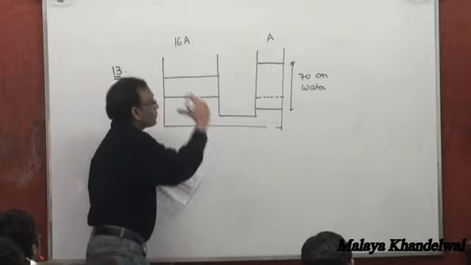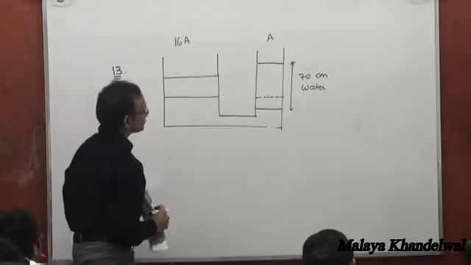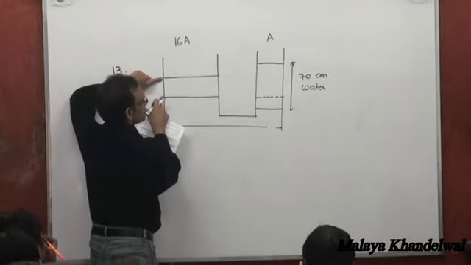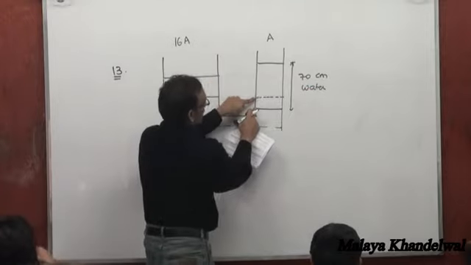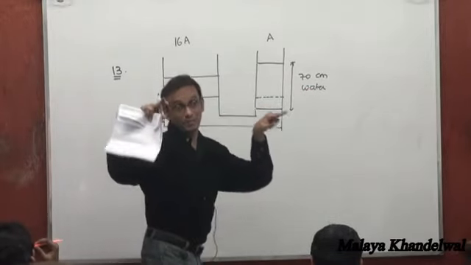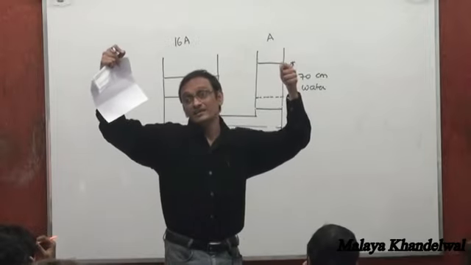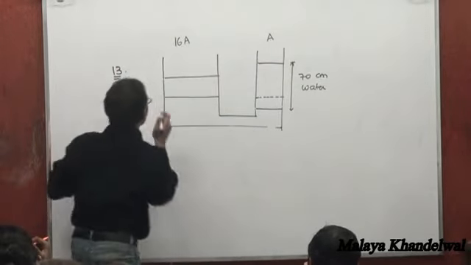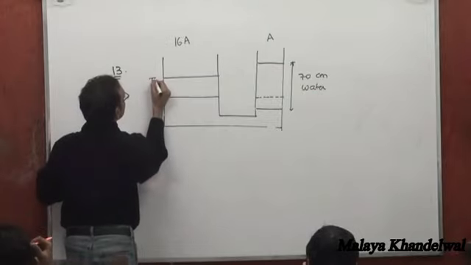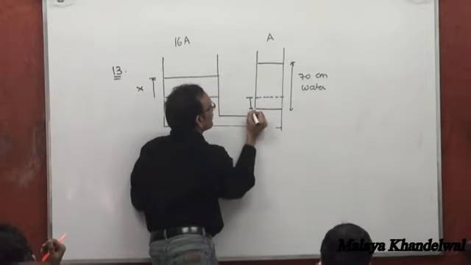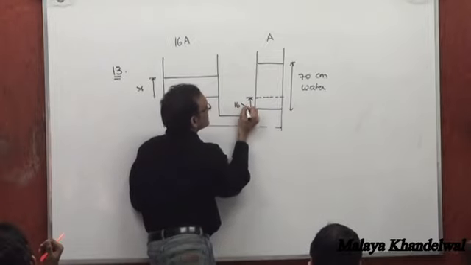Hey, do you realize that if this rises by an amount x, this will dip by an amount 16x, isn't it? In the narrow vessel, it will dip by an amount 16 times the wider vessel. Yes or no? So if this mercury level has risen by an amount x, then this must have dipped down by an amount 16x.